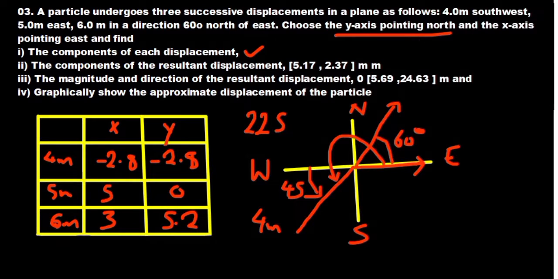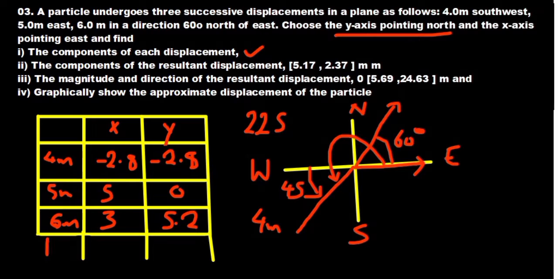The second part says the components of the resultant displacement. The resultant displacement is going to be the addition of all the x and the y components, respectively. So let's just add on the table. I'll use R to denote the resultant.